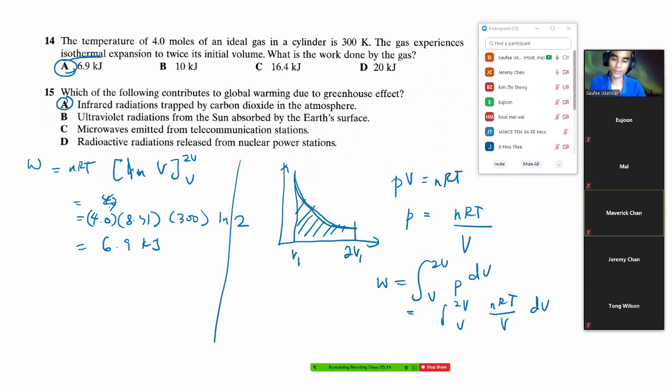Okay, we stop here. So you haven't explained why B cannot. B is ultraviolet radiation from the sun absorbed by the Earth's surface.